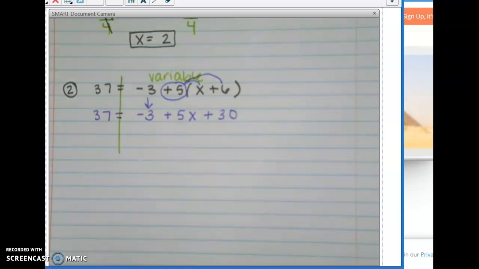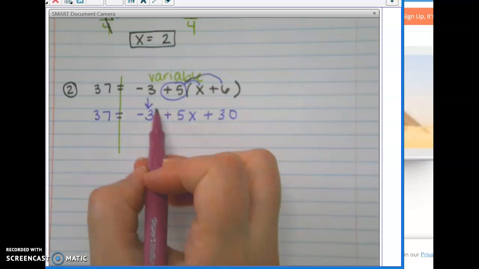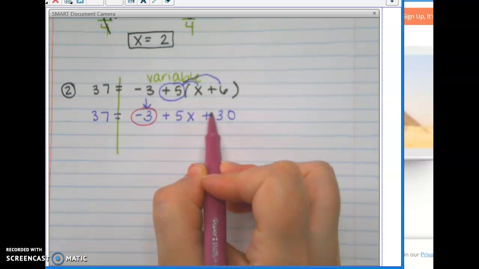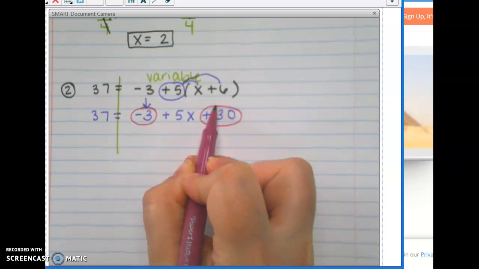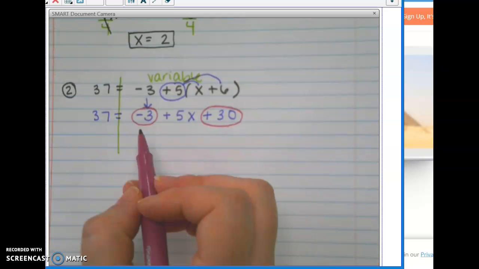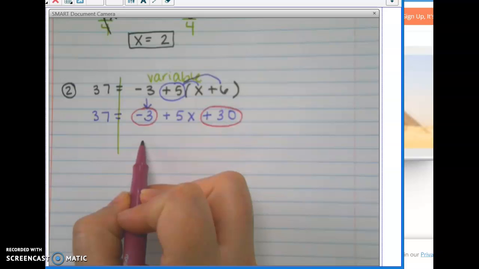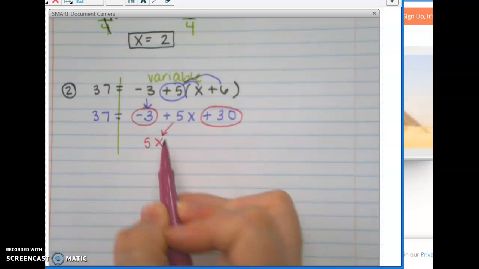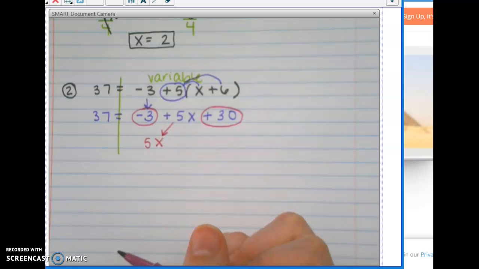All right, so now if you notice, we have some like terms that we can add together. I only have one x term, but this negative 3 and this positive 30 are like terms because they're both constants. They have no x. So I'm going to bring down my positive 5x just because I like for my x term to come first, but it's not wrong if you swap them and do it the other way around.